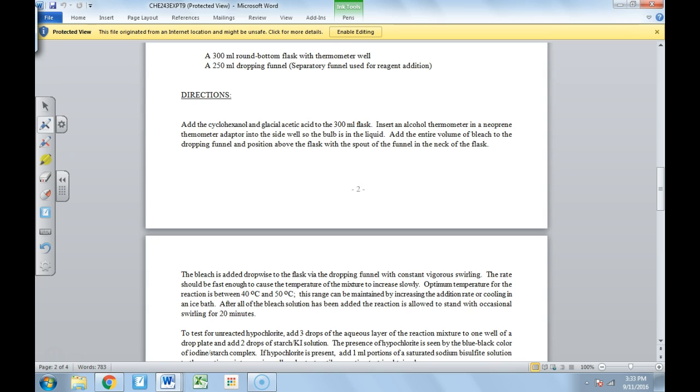If it stays below that, you may not get enough heat energy to allow the oxidation to occur, and if it goes above that, you may have too much energy and you may get more side products. So the optimum range is to keep it between 40 and 50 degrees. So as you're adding the bleach, make sure you keep the temperature monitored and in between there.